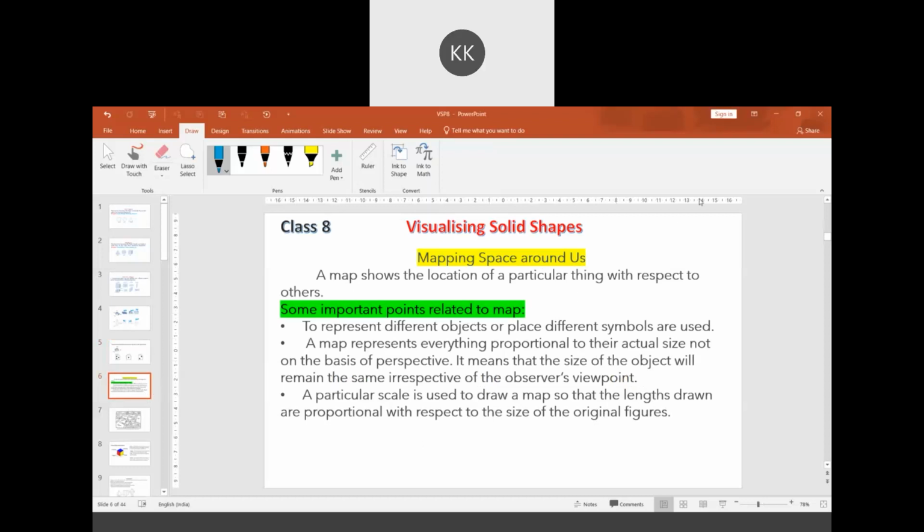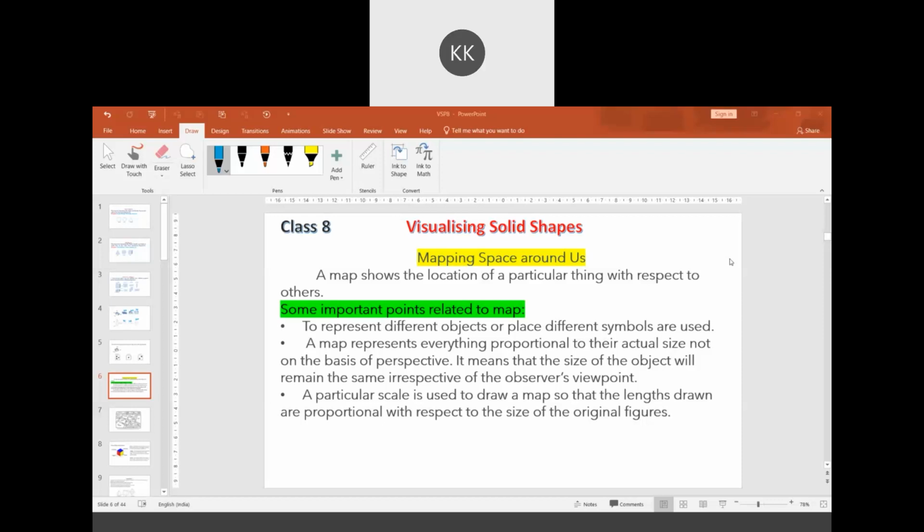Apart from this, in this chapter, you also have something called mapping space around us. A map shows the location of a particular thing with respect to another. Some important points related to the map. The first point is that to represent different objects or places, different symbols are used.